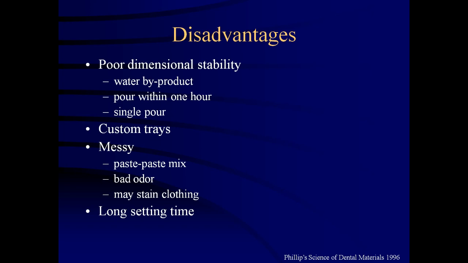Polysulfide material is not recommended in routine practice. Why? Because of the unpleasant odor and taste. I have already mentioned this. Due to its bad odor and because it also stains the cloth, it can be used only very rarely, not in daily routine practice.